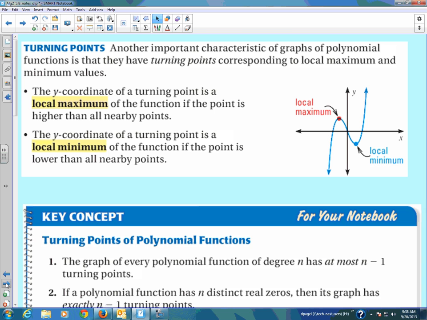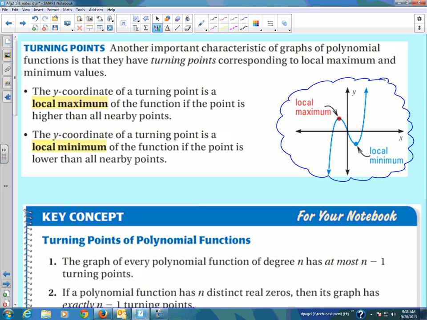Now, if you looked at a cubic function, as in the example over here to the right, and I asked you what the maximum value was or the minimum value was, well, the fact that the graph keeps going to positive infinity in the y direction indicates that it doesn't have a maximum. And the fact that it's going to negative infinity in the y direction indicates that it does not have a minimum.